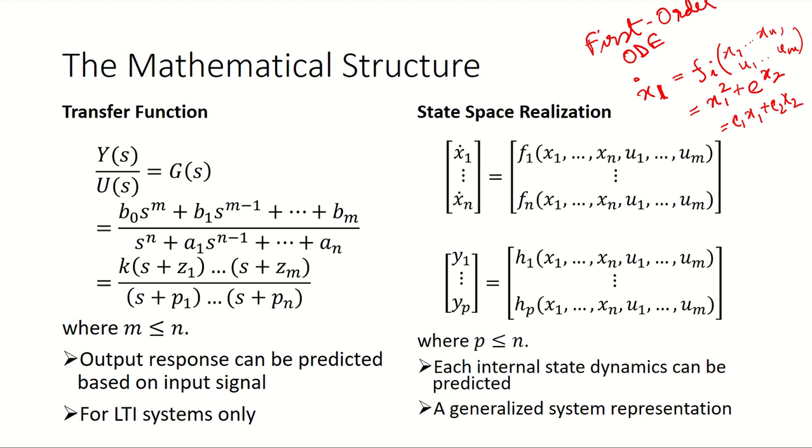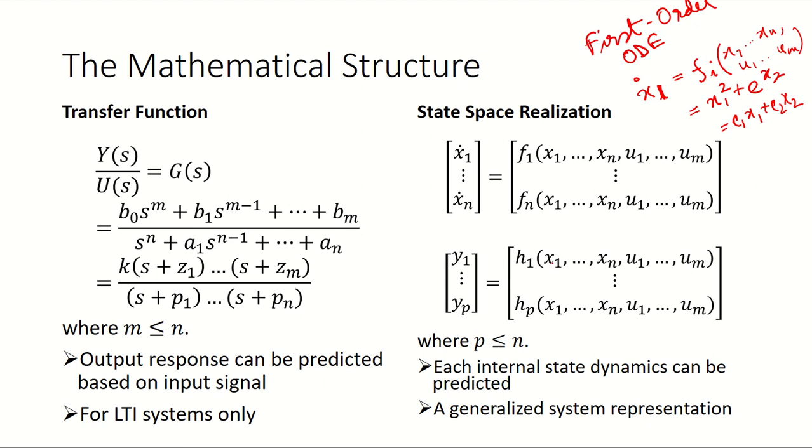The outputs, you can see, are simply algebraically related to the states and the inputs. Y1 is a simple algebraic function of all the states and all the inputs in general. It might so happen that y1 is simply x1 plus x2, depending on just two states and maybe some input.